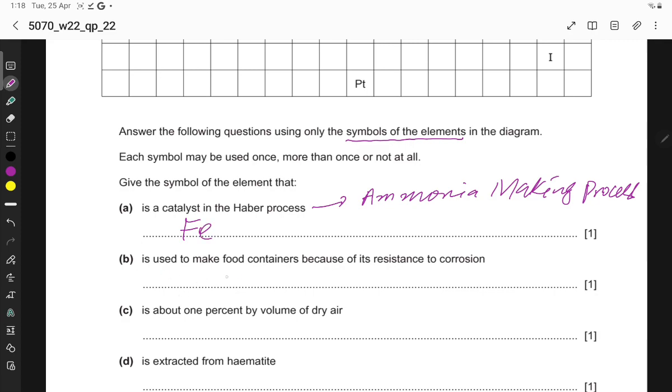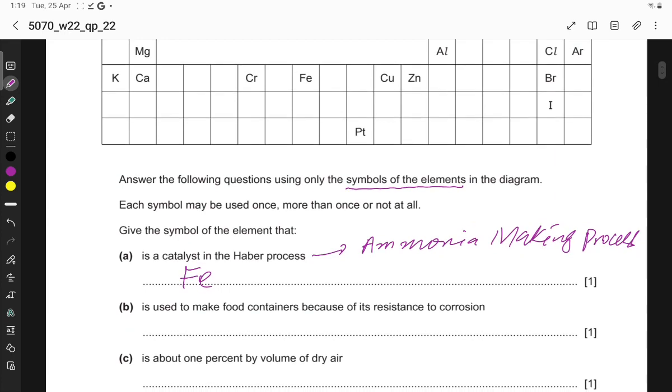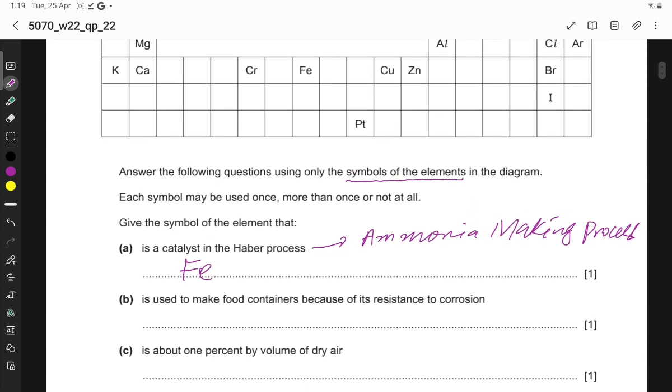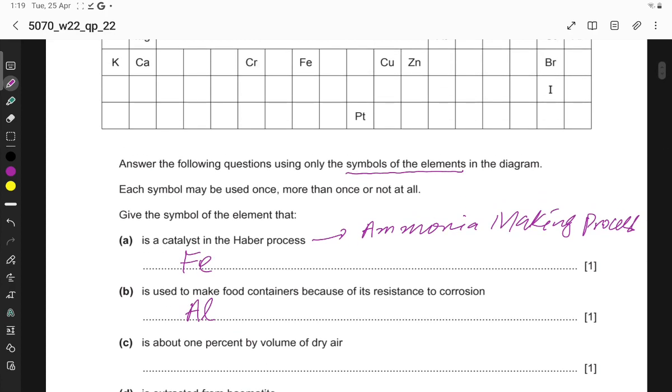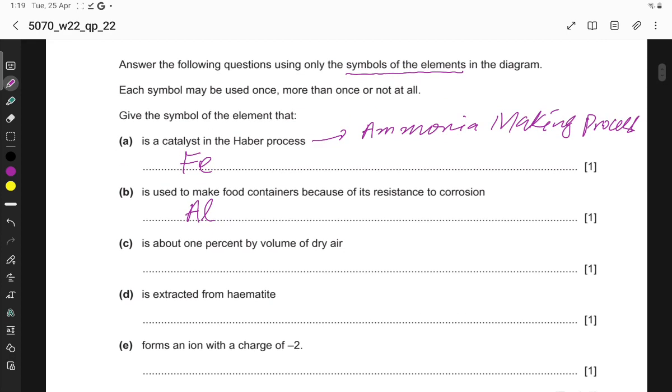Next: used to make food containers because of its resistance to corrosion. So you know that aluminium is used to make food containers, which is resistant to corrosion. This is one of the properties of aluminium metal. Aluminium is resistant to corrosion, so that's why it is used to make food containers.